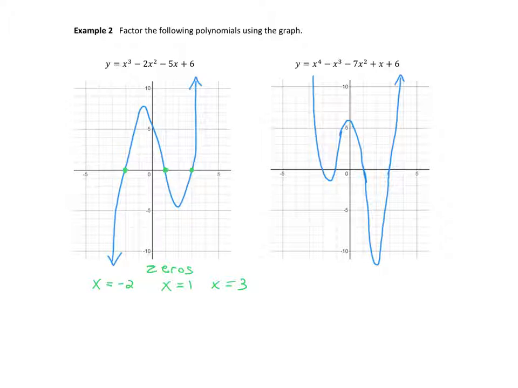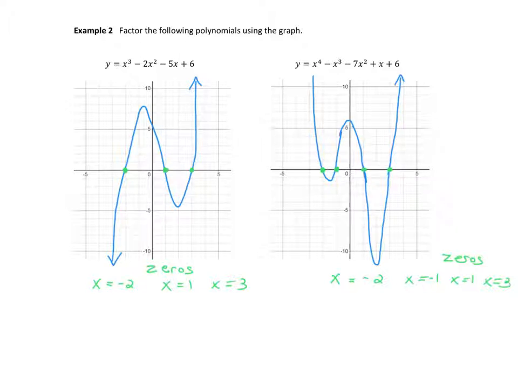Likewise, for x to the fourth, this function over here, it looked like -2, -1, 1, and 3 were zeros. Again, I checked those in my table. We discussed in class that if these things are zeros, it's very easy to write out a corresponding factor.